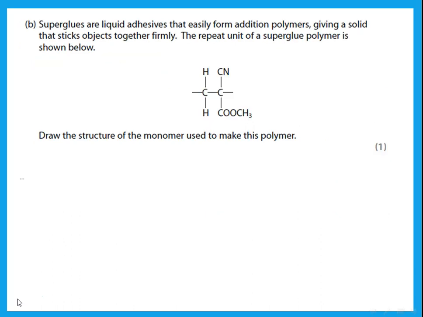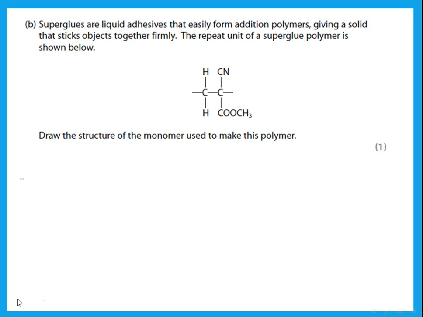The next question says superglues are liquid adhesives that easily form addition polymers, giving a solid that sticks objects together firmly. The repeat unit of a superglue polymer is shown. Draw the structure of the monomer used to make this polymer. Remember, if I have the structure of the polymer, how do I make the monomer?